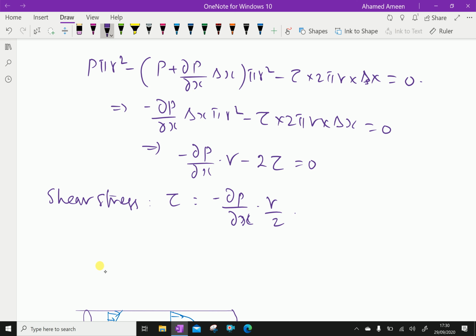Let this be equation 1. The shear stress tau across a section varies with r, as dou P by dou x across the section is constant.